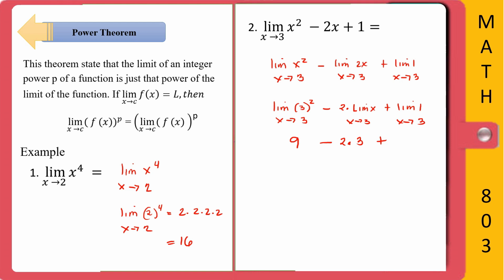As you can see here, this is the constant theorem, so our k is 1. Applying the order of operations, we first perform 2 times 3. So we bring down 9, minus 2 multiplied by 3 is 6, plus 1. Now we have 9 minus 6 is 3, plus 1. So the final answer will be 4.